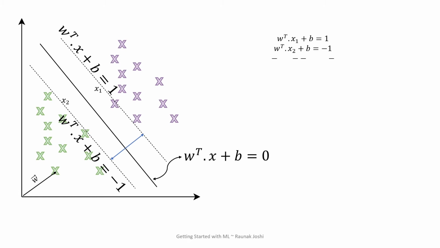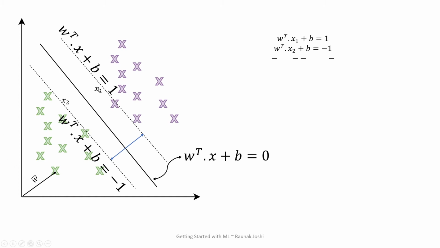So what I can do is subtract the equations, where I say W transpose dot product X1 plus B is equal to 1, which I'm going to subtract from W transpose dot product X2 plus B is equal to minus 1. Now why am I actually subtracting this? You can see this W vector pointing in a direction.